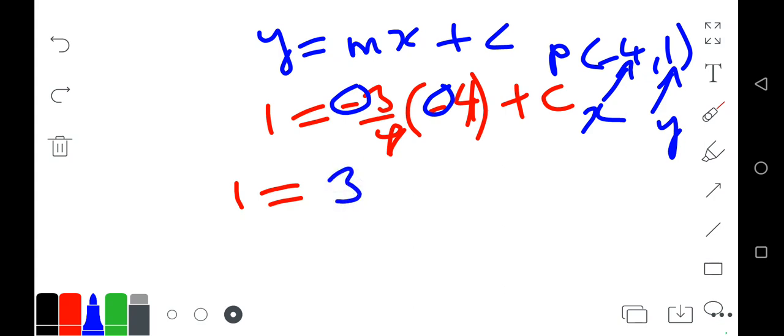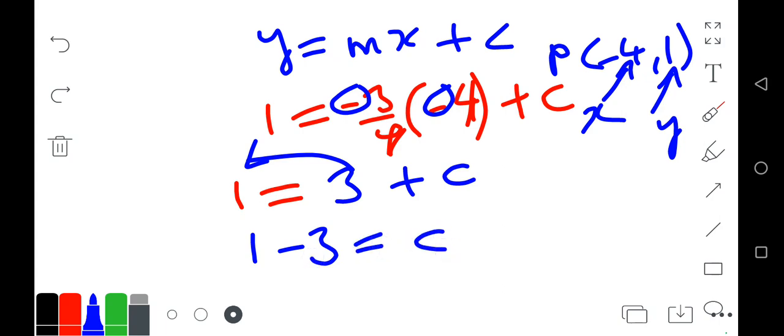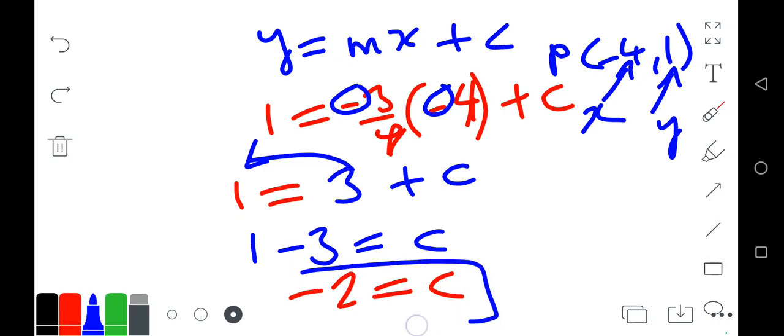So you just have 3 plus c. Making c the subject by taking 3 this side, we have 1 minus 3 is equal to c. So from there, you have negative 2 equals c. So this is the value of c.